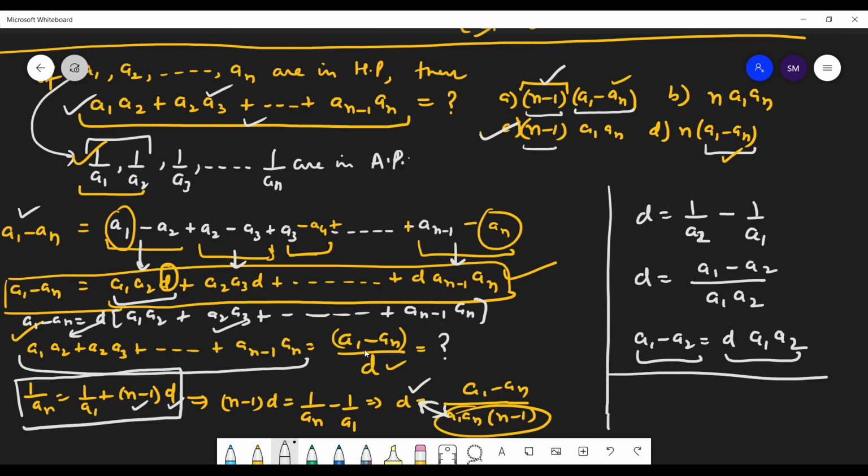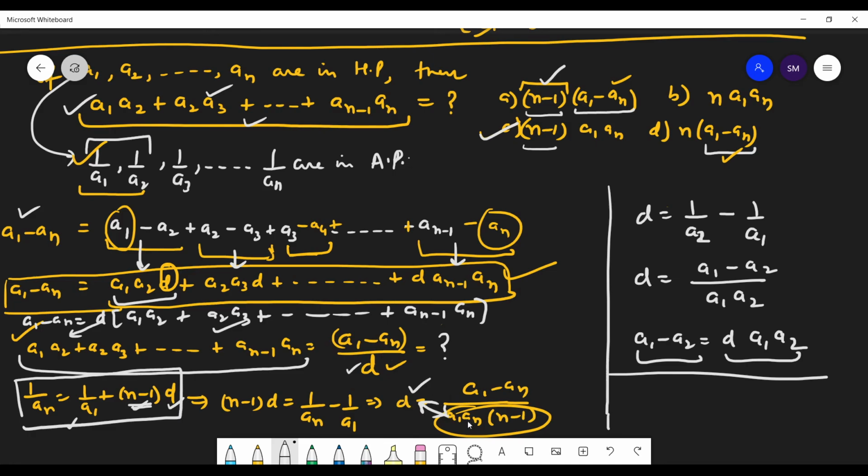Now I get stuck with this situation here. I need to get rid of this d, and n minus 1 is also looking. So why not the nth term? That's the only way to bring n minus 1. The nth term, the last term. So I use this nth term and I find the value of d, and fortunately here I find automatically d, meaning this divided by d.